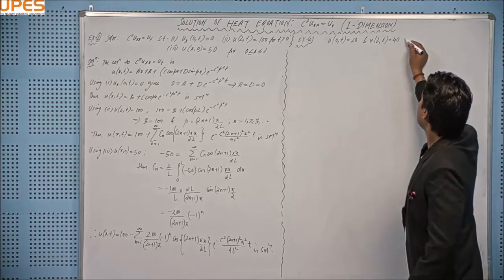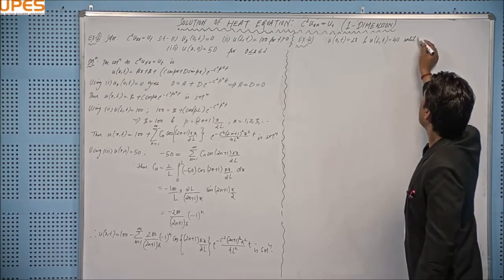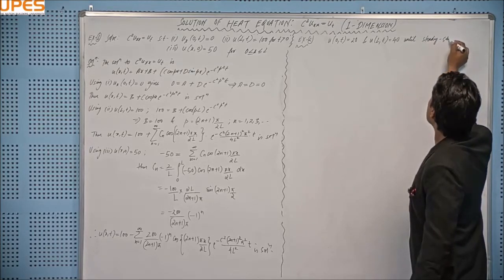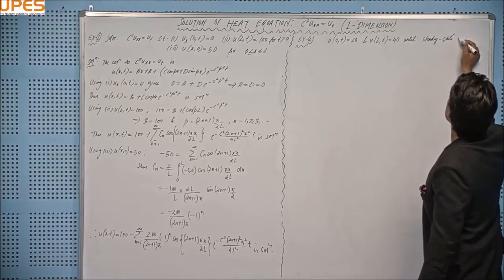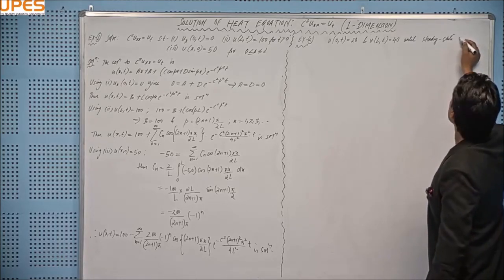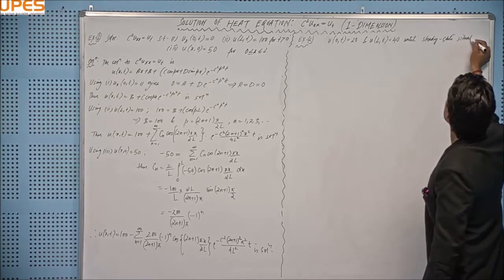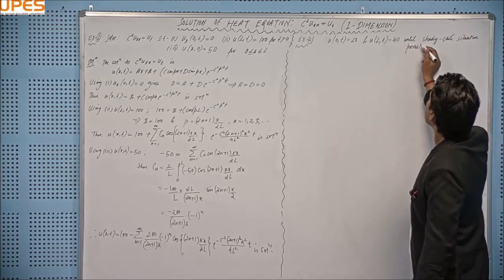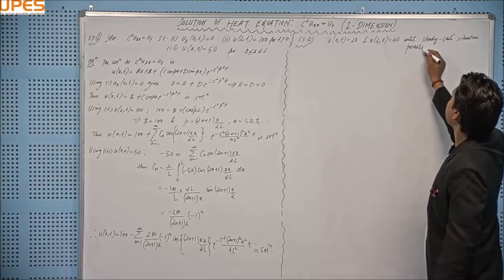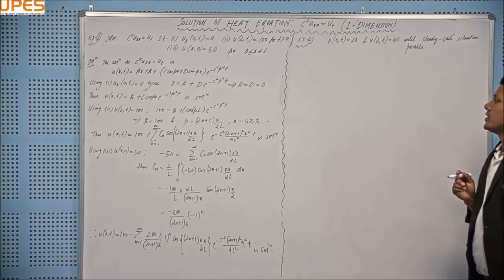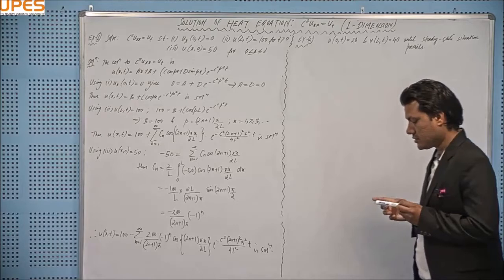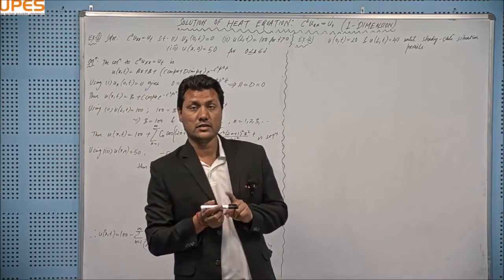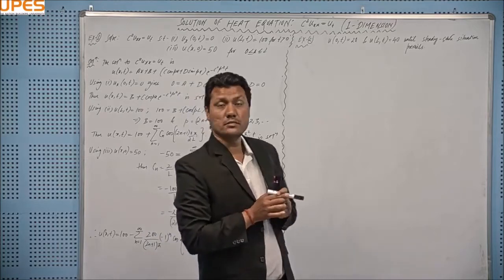This is held until a steady state situation prevails. You are keeping the left end at 20 degrees Celsius and the right end at 40 degrees Celsius until steady state conditions prevail.